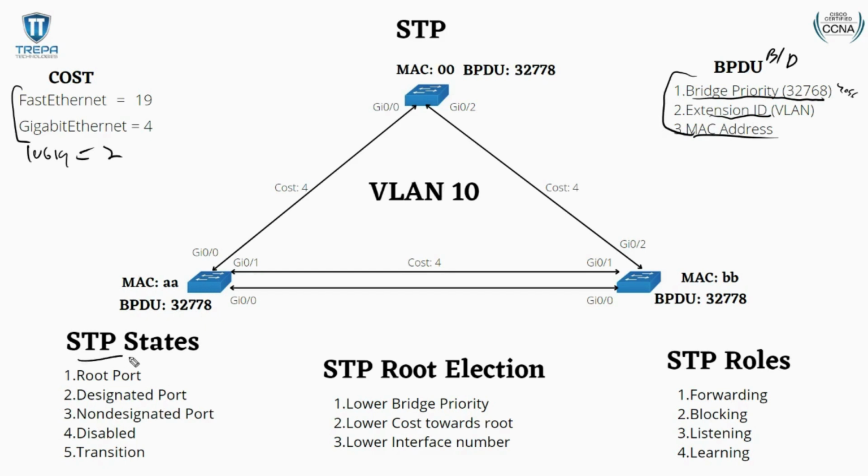And then we have our STP states and STP roles, and this is just the spanning tree flavor, right? The only difference here is that rapid spanning tree has alternate for the roles. Okay, so let's just move on from this slide.